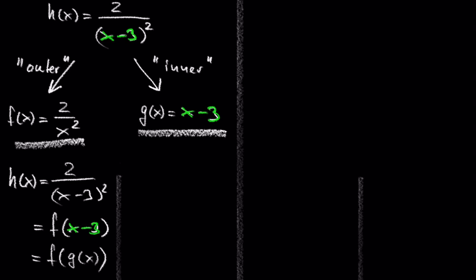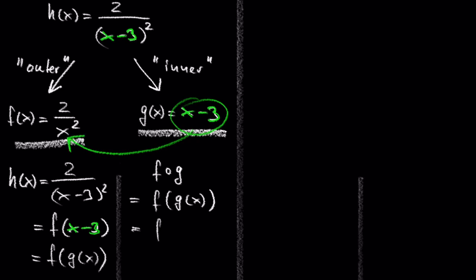Let's validate that for the sake of practice to see if that's correct. So let's say f of x equals 2 over x squared and g of x equals x minus 3. Now, f composed with g is f of g of x, which means we are going to plug in g of x for x.